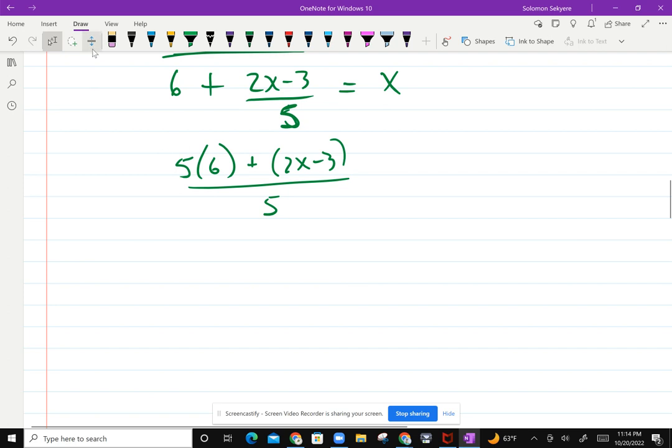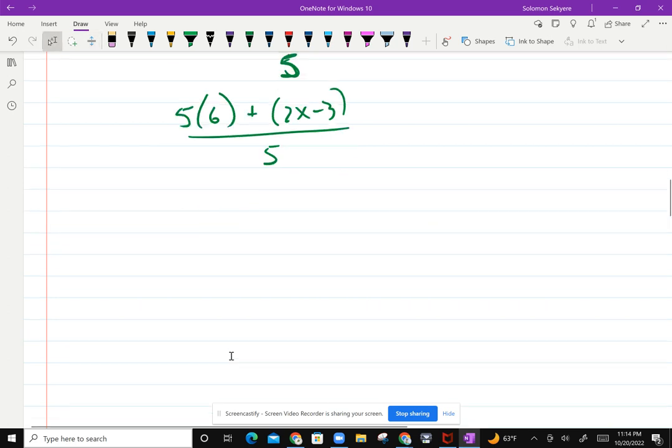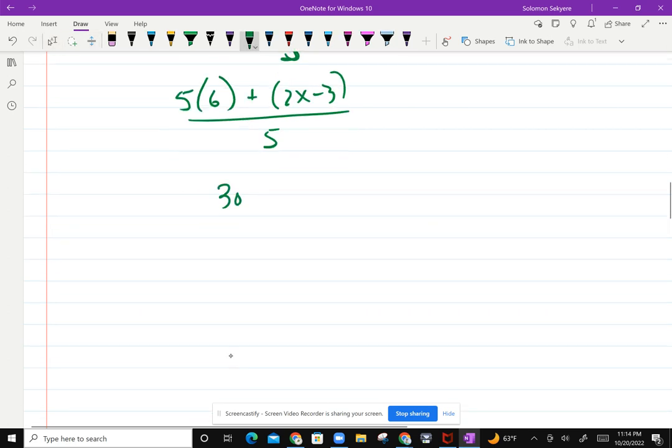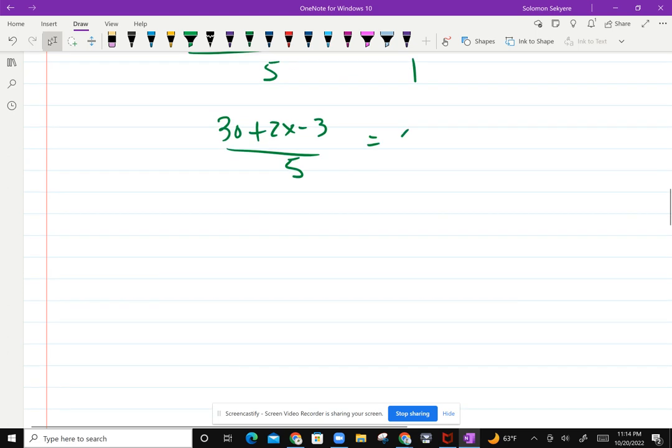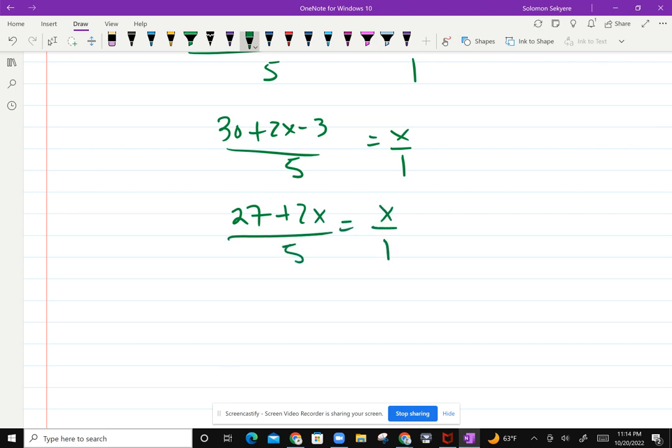You with me? Okay, when we do that, we have 30 plus 2x minus 3 all over 5. This is equal to x, which is x over 1. So this is 27 plus 2x over 5 is equal to x over 1. As usual, what do we do?